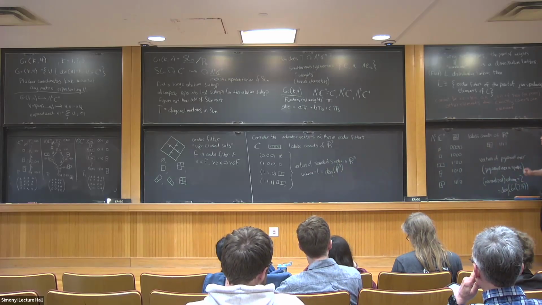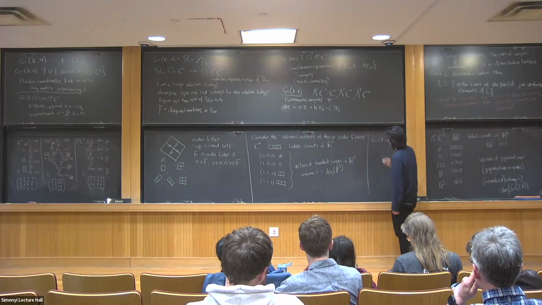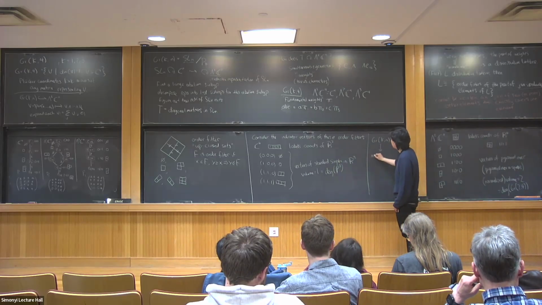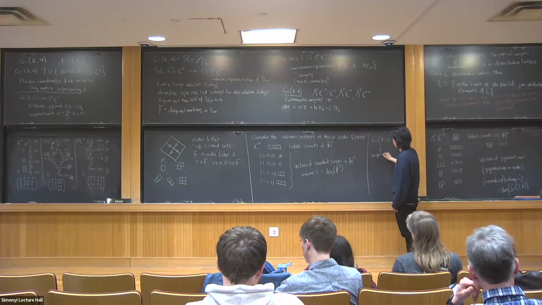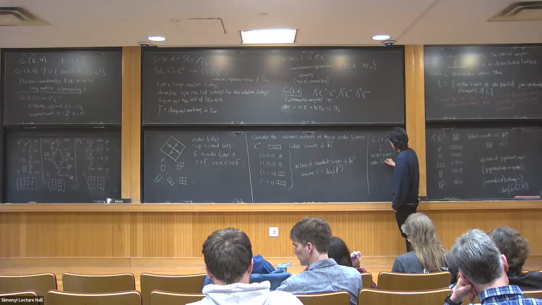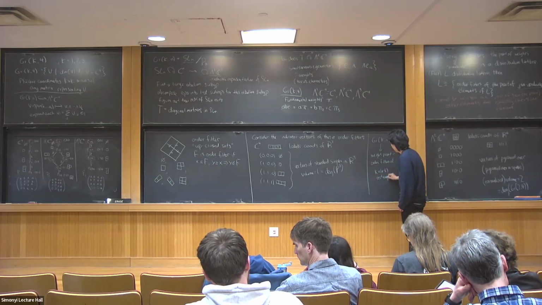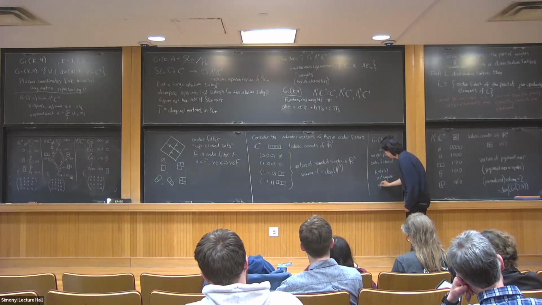Okay, so in general, if you do this construction for Gr(k,n), what you find is that the weight poset equals the set of order filters of the k by n minus k rectangle Young diagram.